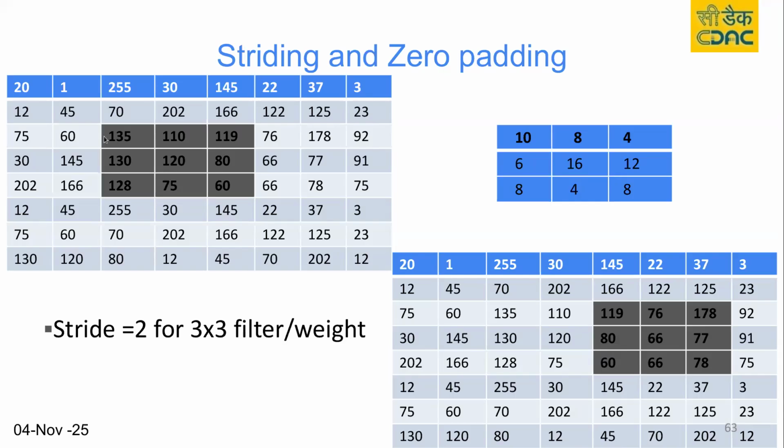But if you have stride as 2, I'll first perform the convolution operation on this 3 cross 3. Then I'll skip two columns and perform the next convolution operation on this 3 cross 3. Then I'll perform the convolution operation on this 3 cross 3. So if stride equals 2, I skip two columns. If stride equals 3, I'll skip three columns.